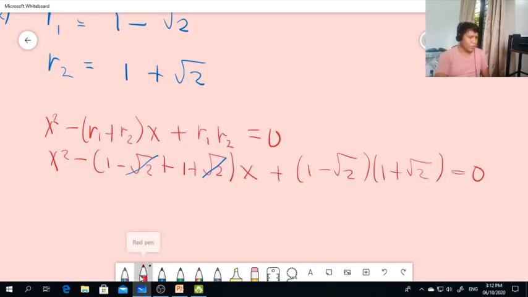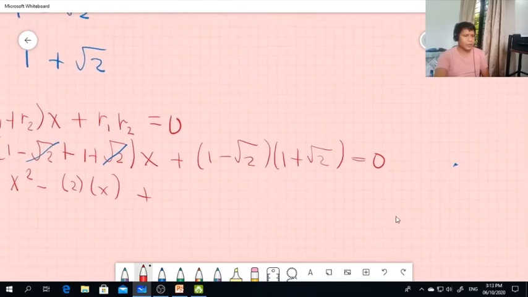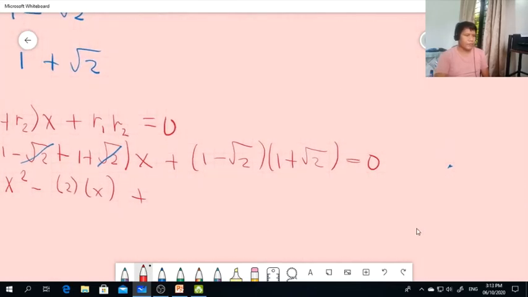So we have here x squared minus 1 plus 1 is 2, so 2 times x, plus, of course, the product. And this is a special product. If you can still remember, if you are multiplying a minus b by a plus b, the result is a squared minus b squared.